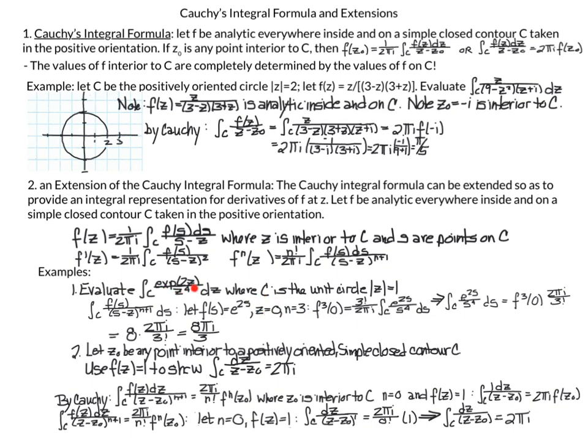And then n is equal to 3, since the power on the bottom is n plus 1. So when we plug in f of s equals e to the 2s, z equals 0, and n equals 3 into this part of the formula, then we get the third derivative of f evaluated at 0 is equal to 3 factorial over 2 pi i integral over C of e to the 2s over s to the 4th ds.